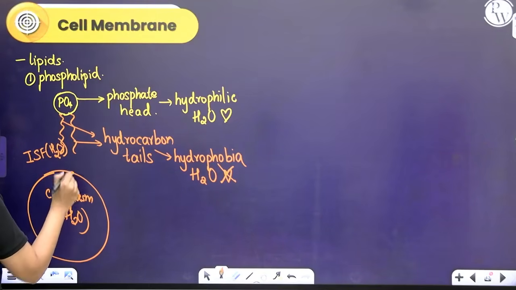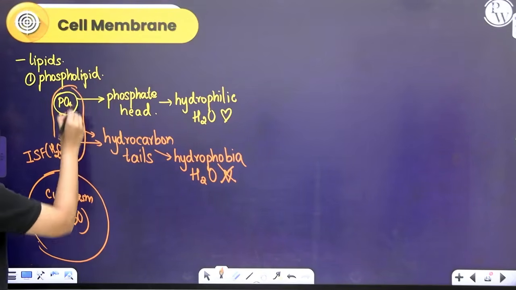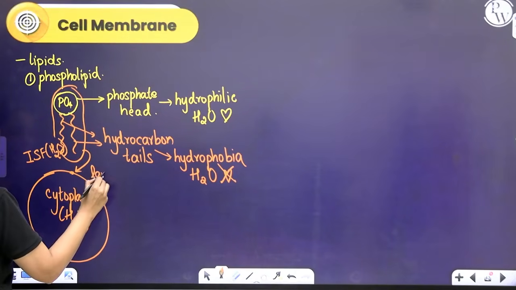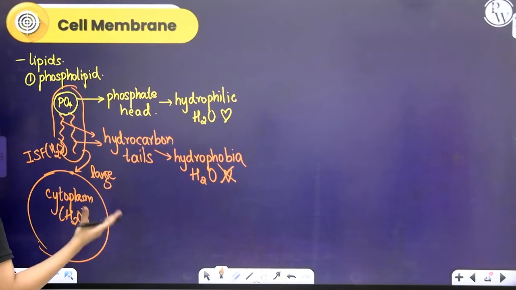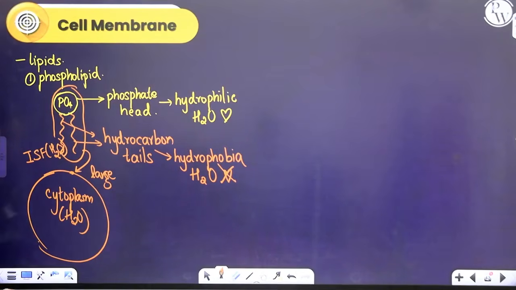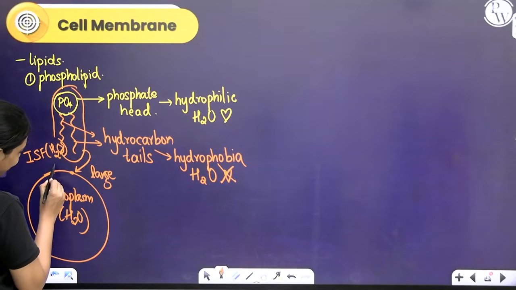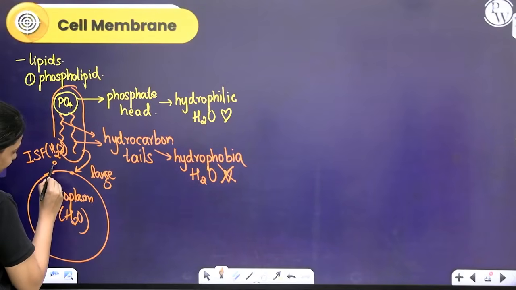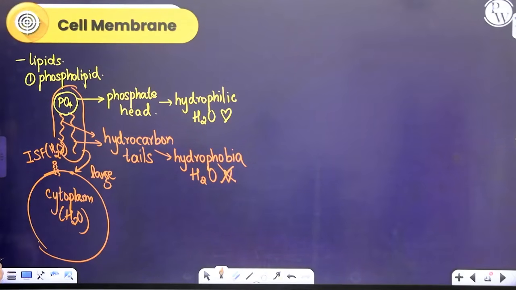Now, this molecule is present in large quantities within this membrane. If it's present with the hydrophilic head on this side and the hydrophobic tail towards the inside, then inside also there is water. These hydrocarbon tails are non-polar, they do not like water. So this will not work. If it is arranged the other way, then also it will not work because outside also there is water.